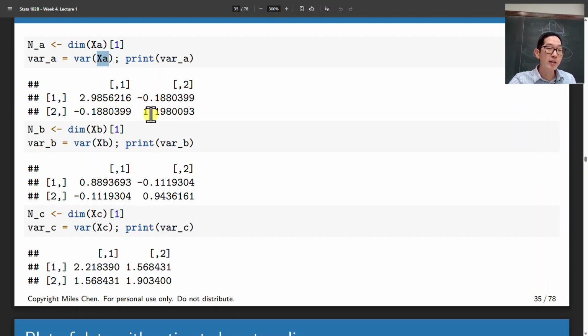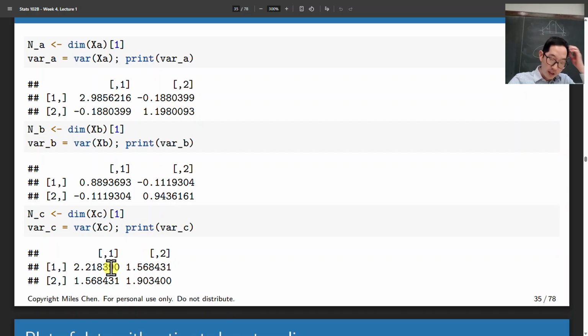Again, the true thing had a variance of 3, covariance of 0, and a variance of 1. So it should have been 3, 0, 0, 1 that was used to generate it, and we're getting something close to that, but not exactly. For class B, the identity matrix was used to generate our values, so we should be getting something close to 1 and something close to 0 over there.